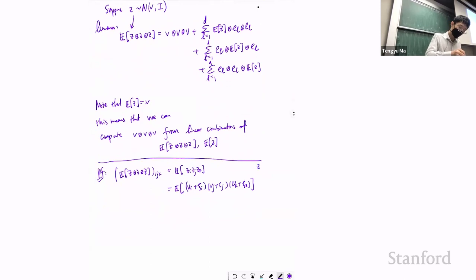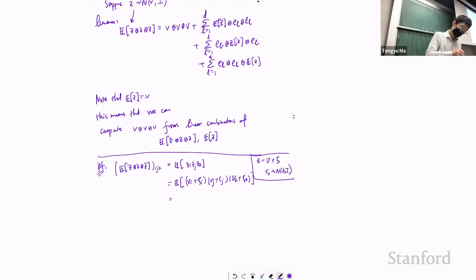We're using the fact that z as a vector equals v plus some ξ, where ξ is from a spherical Gaussian. That's my definition of ξ: ξ equals z minus v, which has a spherical Gaussian distribution. And v_i is the ith coordinate, just to be clear.